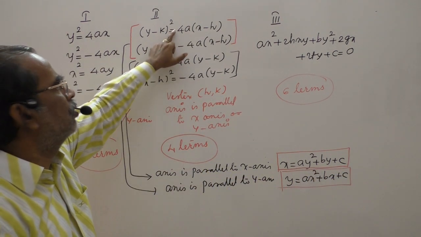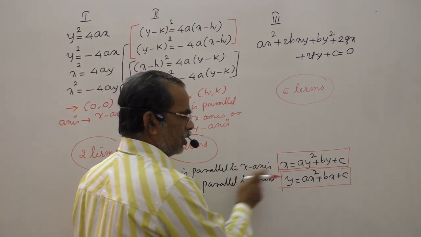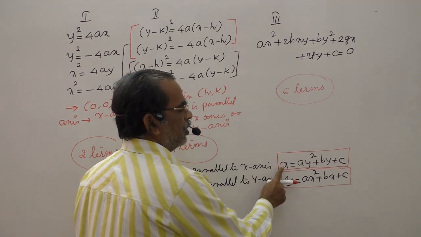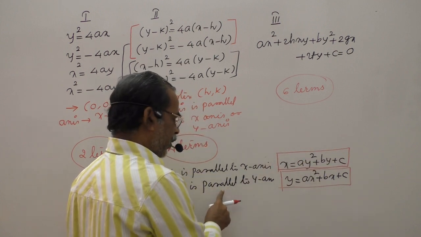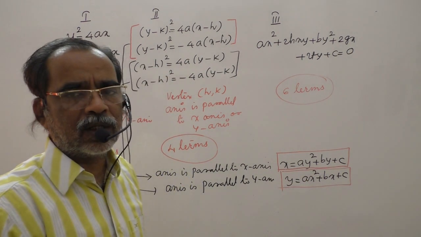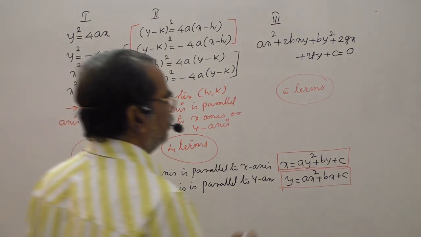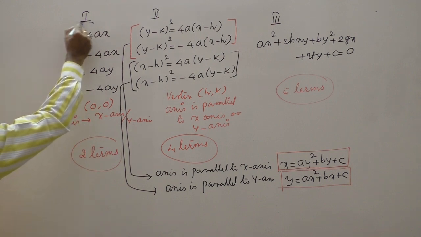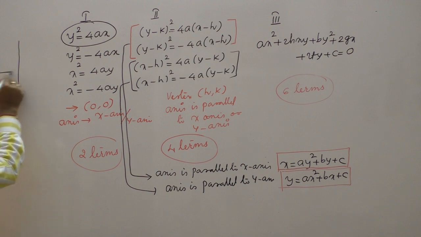For the first two, if the axis is parallel to x-axis, the equation begins with x equal to ay square plus by plus c. If parallel to y-axis, y is equal to ax square plus bx plus c. Yes. Now one more thing. If you take the parabola, for example, if you take this parabola, listen carefully, this is the figure.